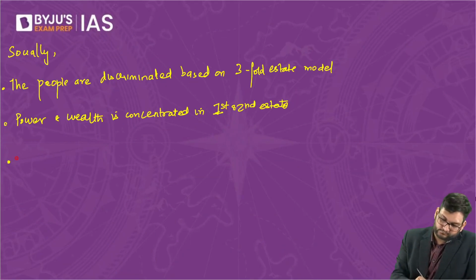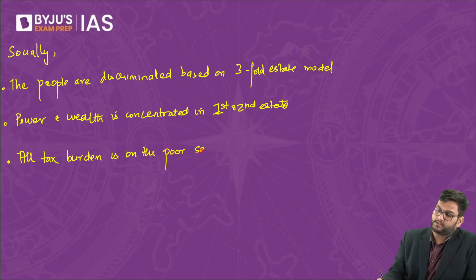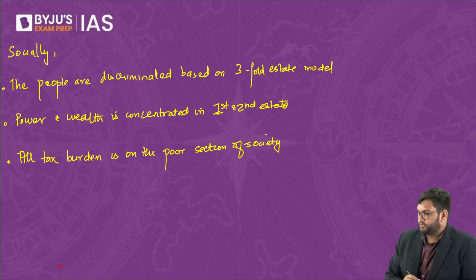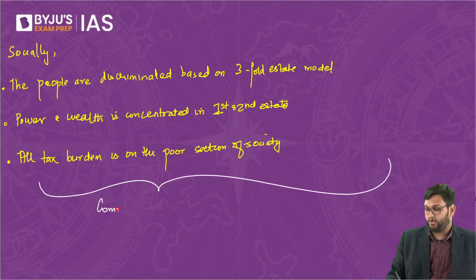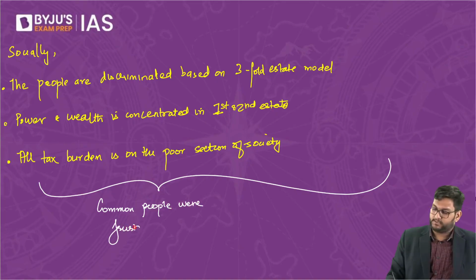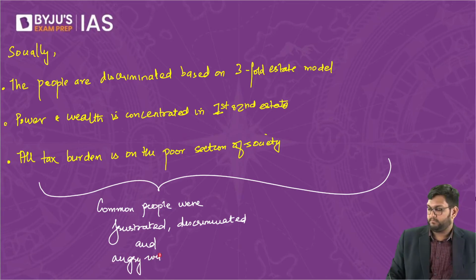Third, all the tax burden is on the poor section of society. So I can, in a way, argue that the common people were frustrated, discriminated against, and angry with the three-estate model.